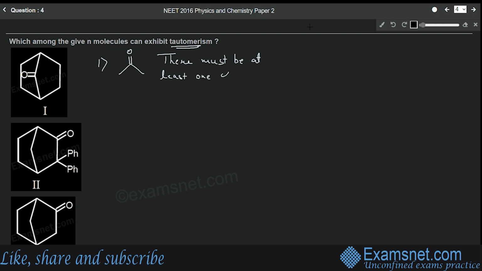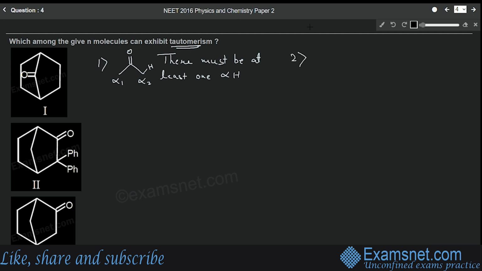These two are alpha positions, alpha 1 and alpha 2. There will be carbons at this position, so at least one hydrogen should be attached to this position. Then only tautomerism can be exhibited. This is one condition.